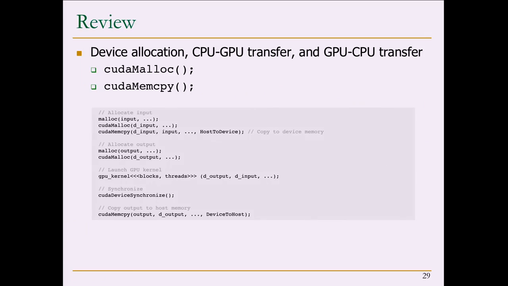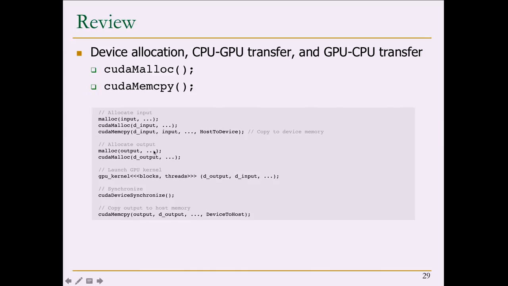So let's very quickly review the traditional accelerator model, where we need to allocate our input in the CPU using malloc, and in the GPU using cudaMalloc. We transfer using cudaMemcpy from the CPU to the GPU, and then we also have to allocate our output.